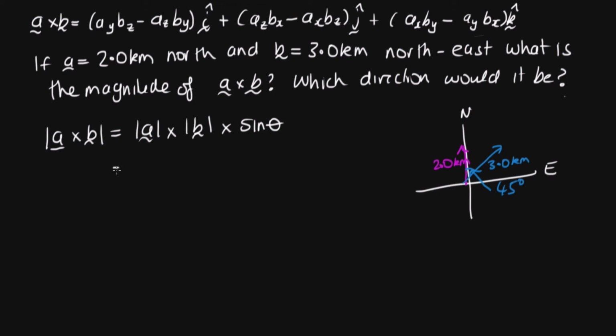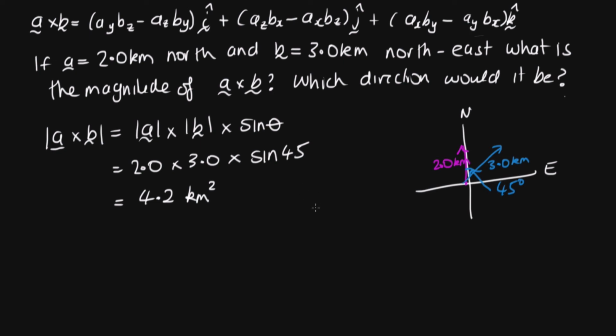So working out A cross B, we've got 2 kilometers times 3 kilometers times the sine of the angle between them, which is sine 45. And solving that on the calculator, we end up with 4.2 kilometers squared.